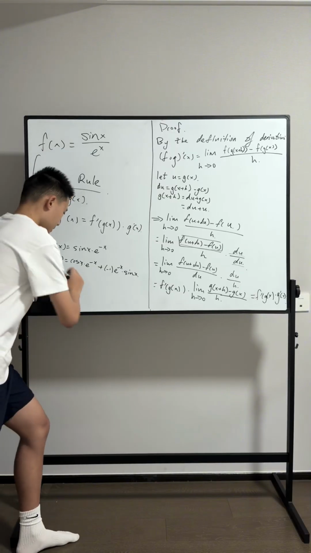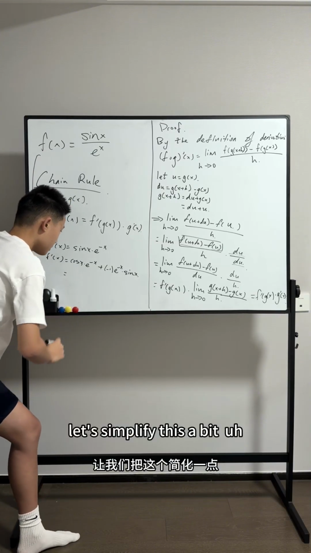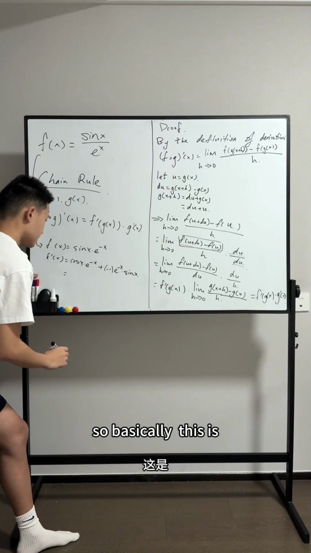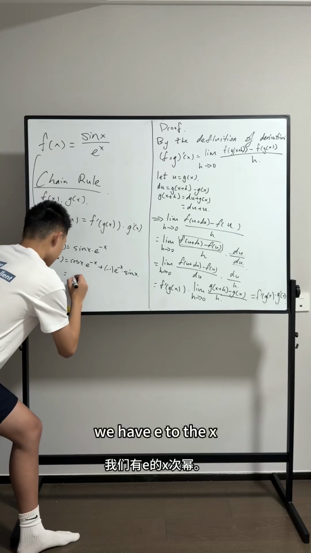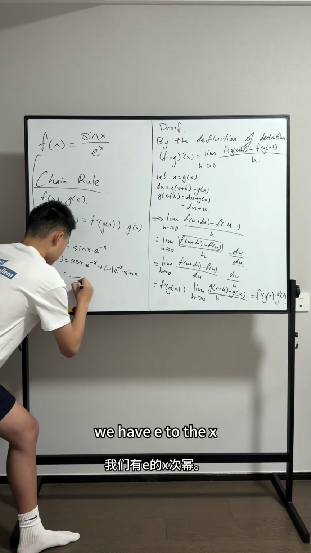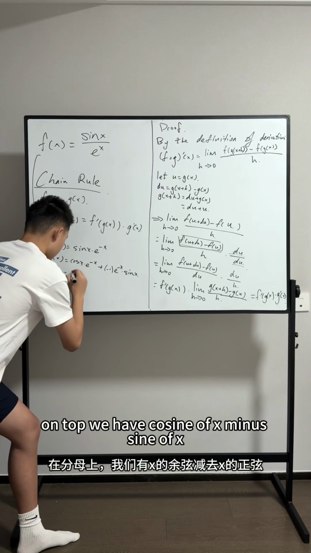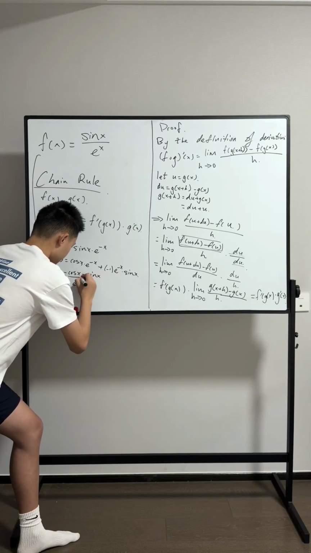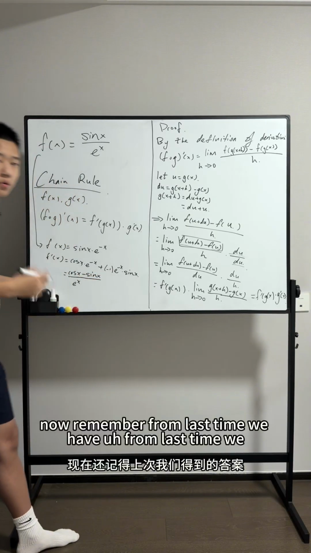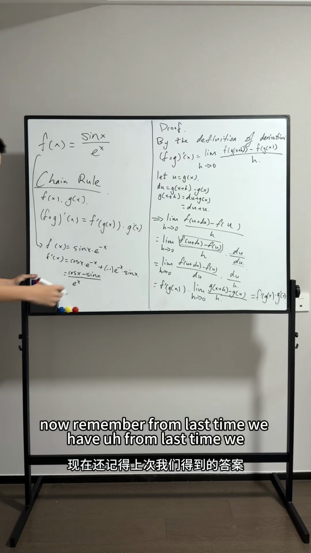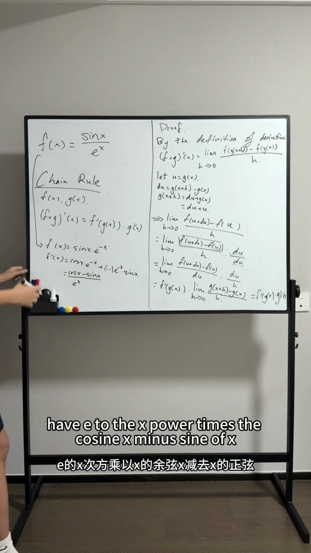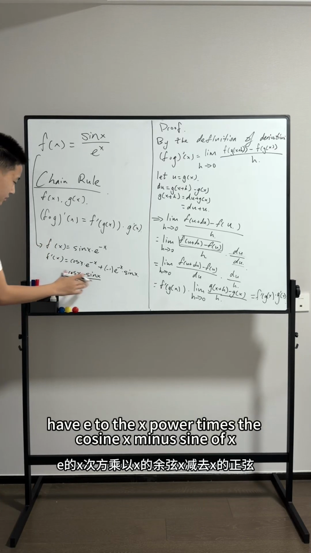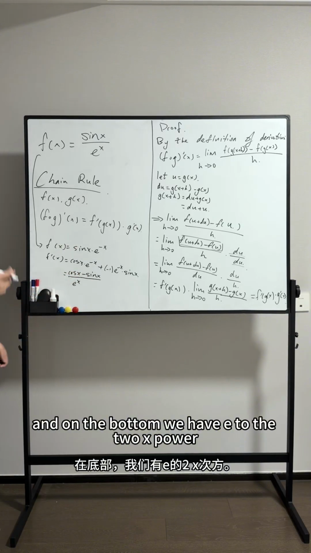So let's simplify this a bit. So basically we have e to the negative x, on top we have cosine of x minus sine of x. Now remember from last time we have e to the x powered times cosine x minus sine of x, and on the bottom we have e to the 2x powered.